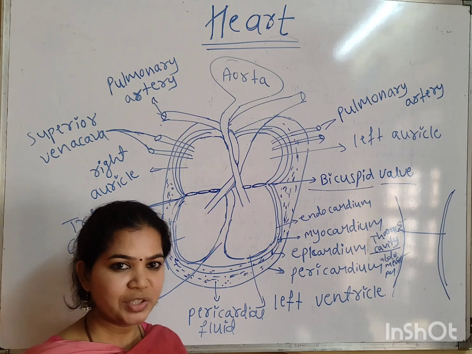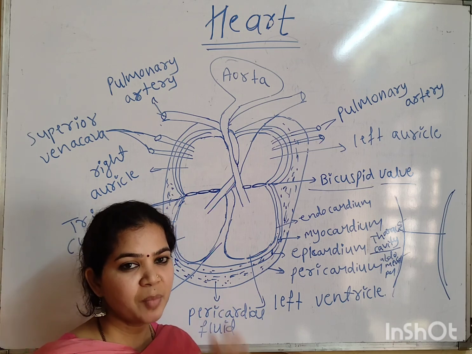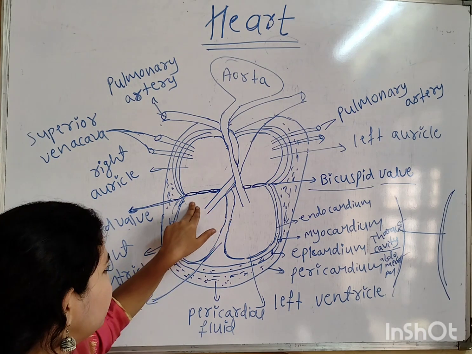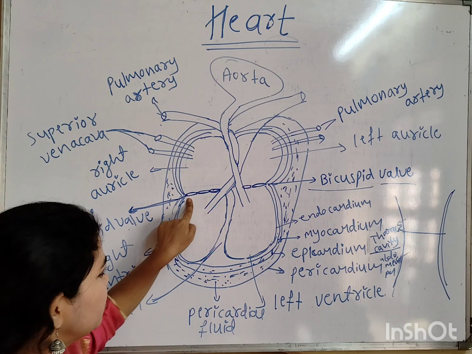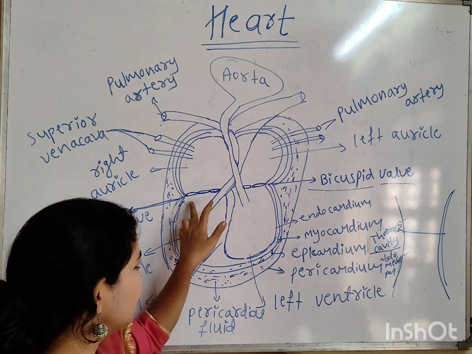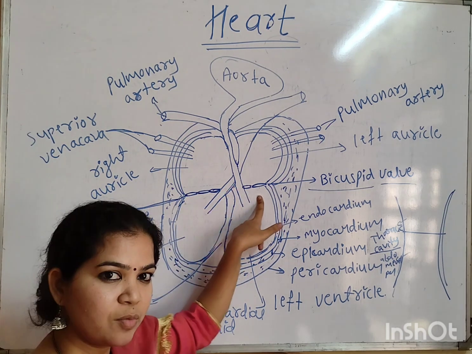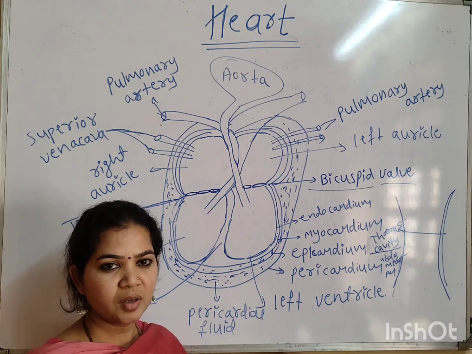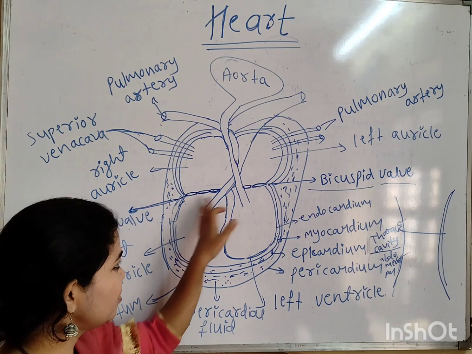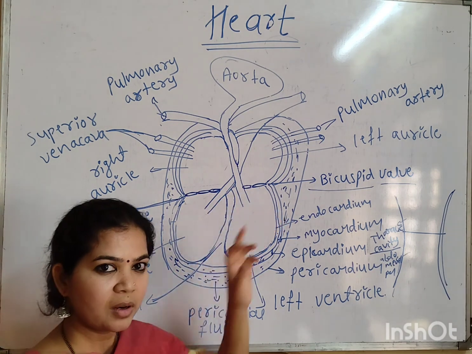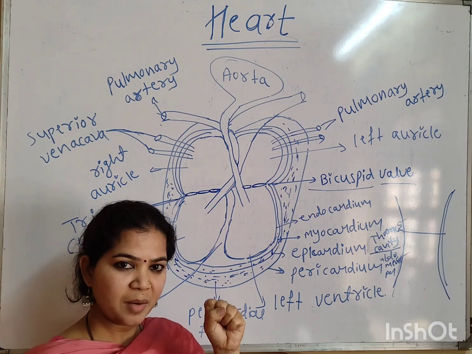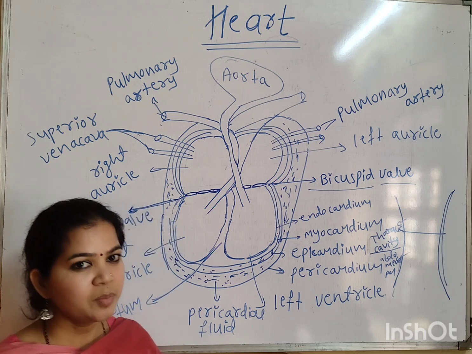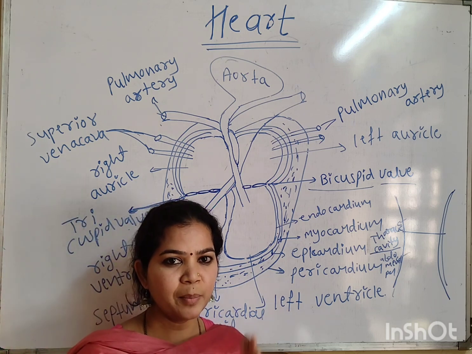When these tricuspid and bicuspid valves get open, the heart produces a sound called lub. When these valves get closed, it produces a sound called dub. Means our heart produces a sound called lub dub.